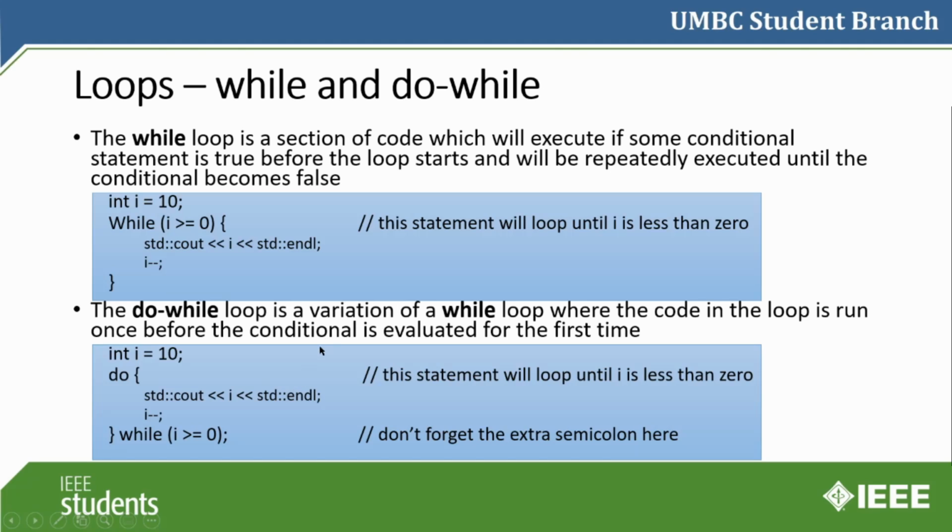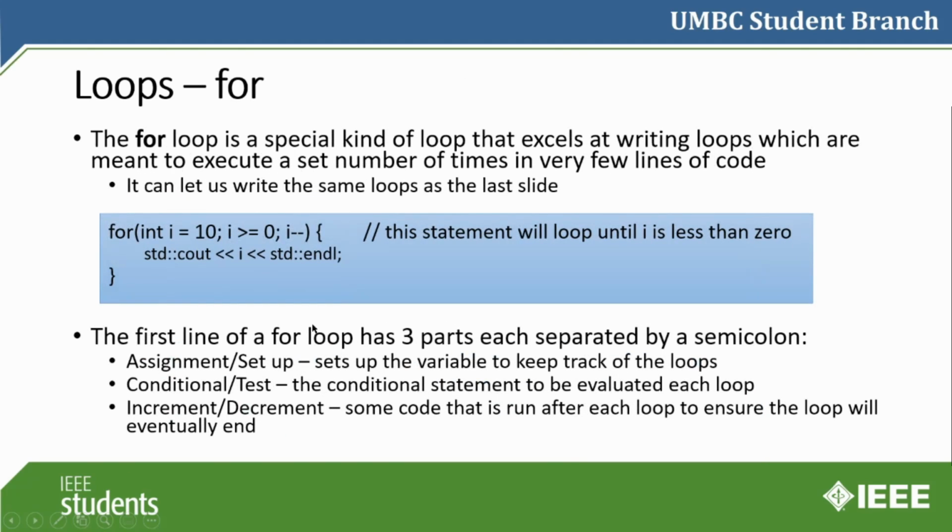However, there's a much shorter way to do both of these that only has 3 lines of code, using something called the for loop. For loops excel at performing lines of code that are meant to be run a set number of times. They're broken down into 3 parts. The first is the assignment. This is where you create the variables you're going to be using to determine if it's time for the loop to finish running. Next is the condition.